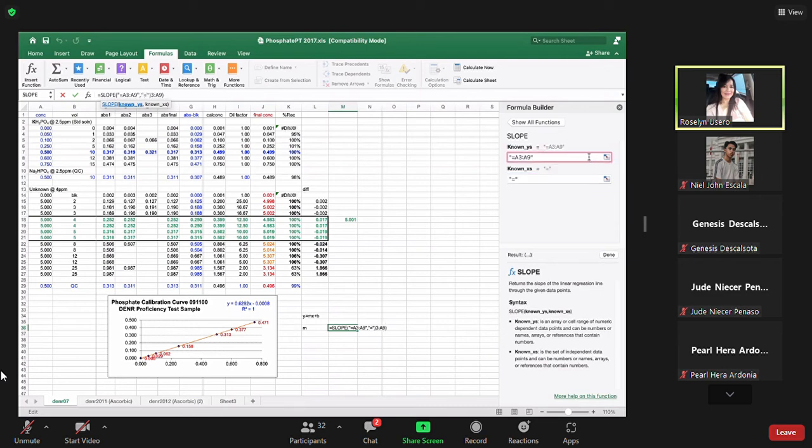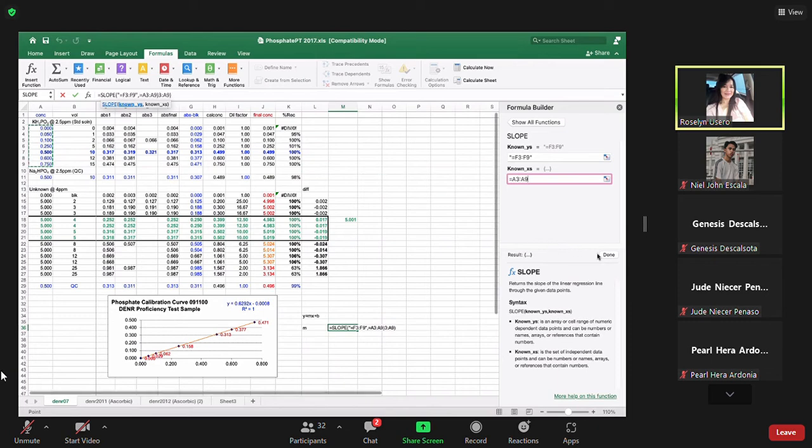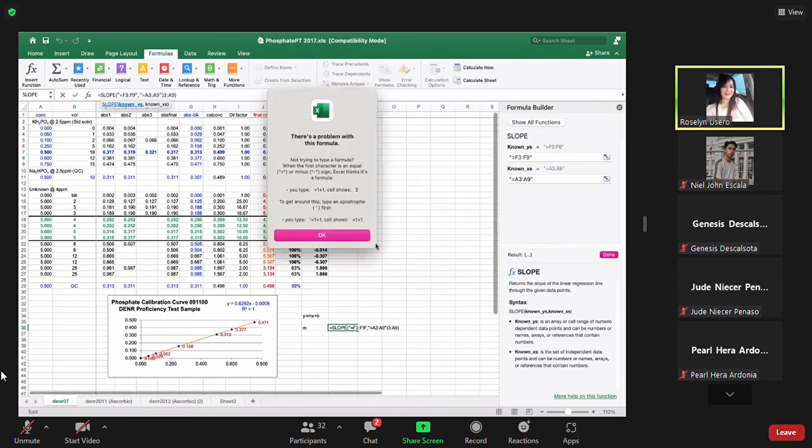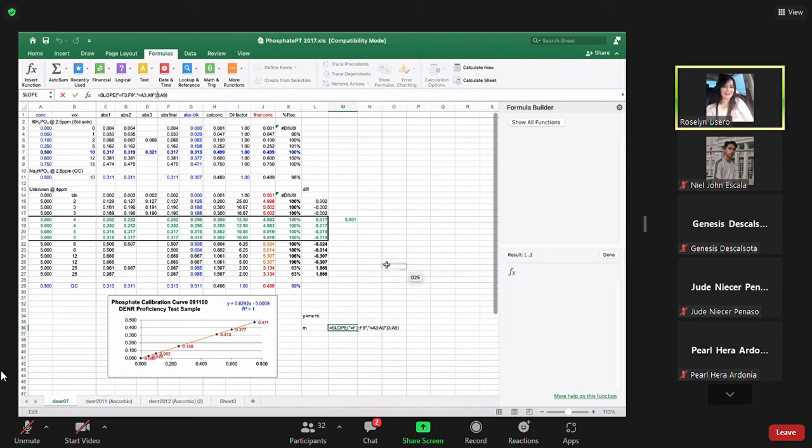Y is equals to absorbance. Tapos ang x concentration. Amo na siya class. Ara lang man sa Excel. Done. Basta mo lang na siya mag-compute kay lawig paton lecture.